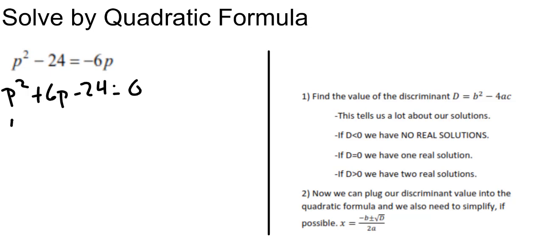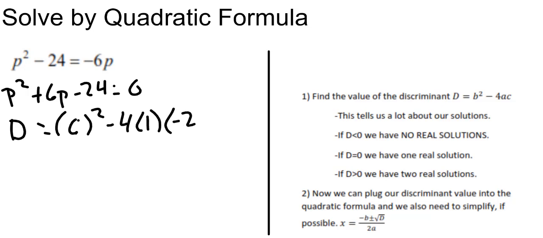So D equals b squared minus 4 times a times c. Let's figure that out and see what we get. We've got 36 minus 4 times 1 times negative 24, which gives 132.